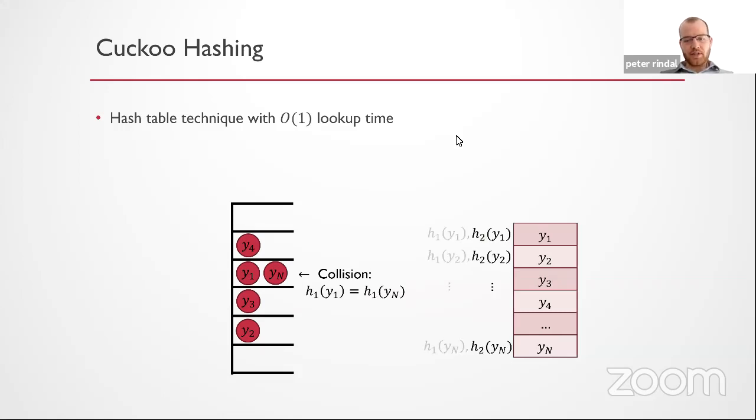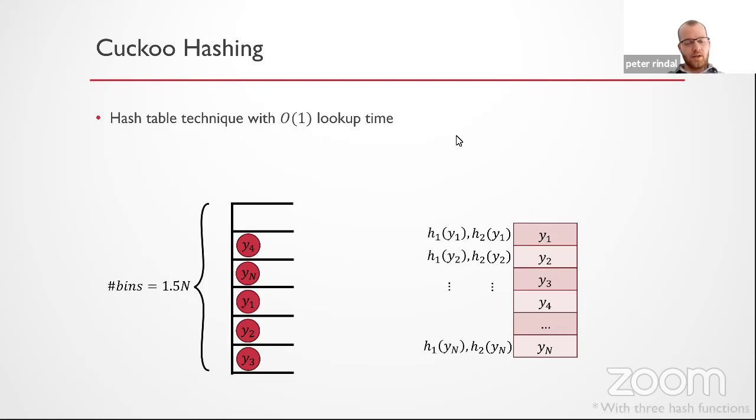The way we do this is that we define a second hash function, so we have H1 and H2. When we get a collision, we evict the old item, and then we look at its new hash function location, the second one, and that might land at some other collision. And we continue to evict the old one until eventually, hopefully, we'll get a configuration where there's exactly one item per bin.